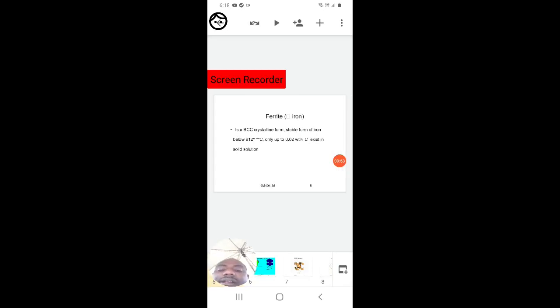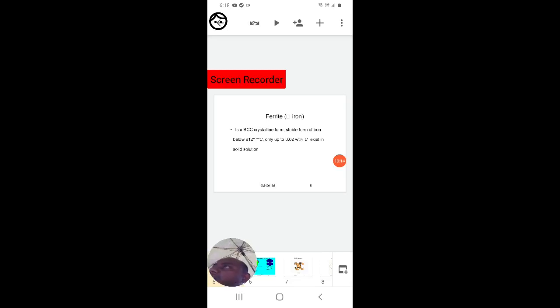It is the stable form of iron below 912 degrees centigrade, and only up to 0.02 percentage of carbon exists in the solid solution.